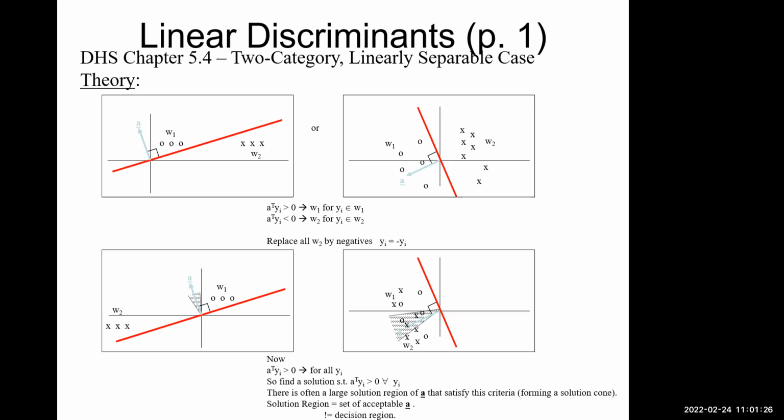So therefore, all we need to do is take the y's, multiply them by -1, and we can do a test of everything to see if everything is positive. We don't need 2 tests.